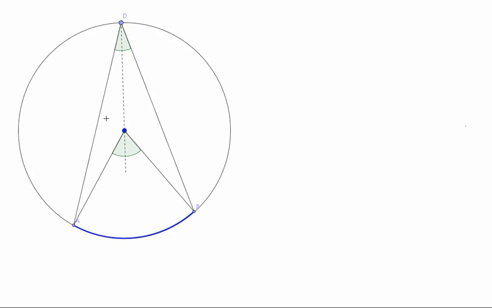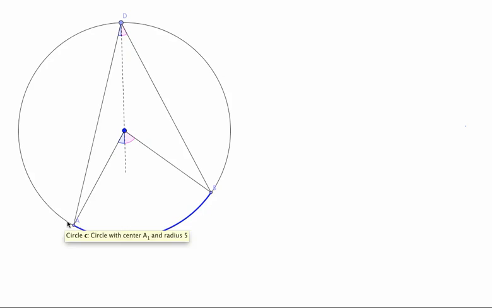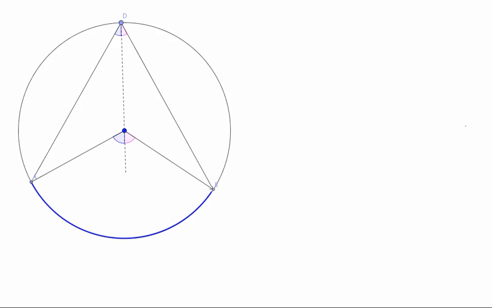Now we'll call this angle at the top S for small, and we'll call the angle at the center B for big. And we'll just make the triangles a little bit bigger so it's more clear. So remember that's B. Because we've split the shape into two triangles, we'll also split the angles into two different angles.